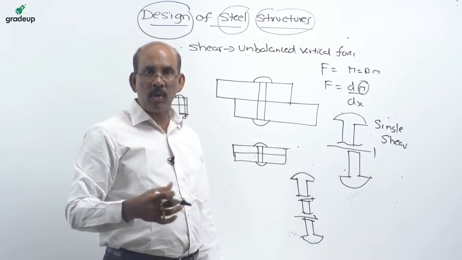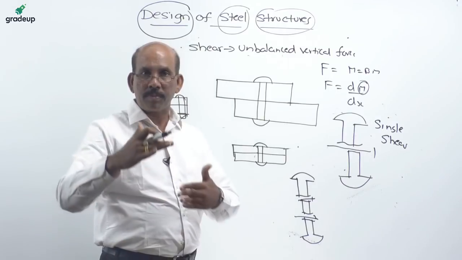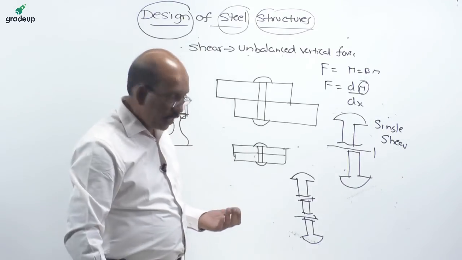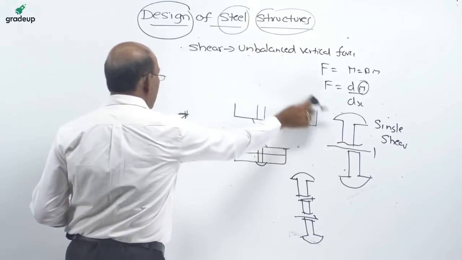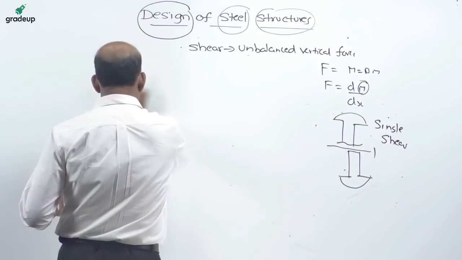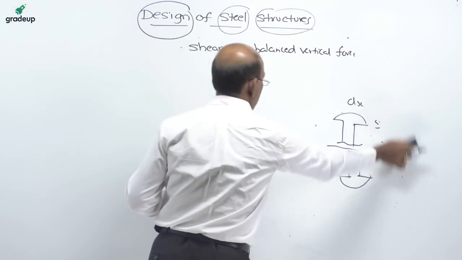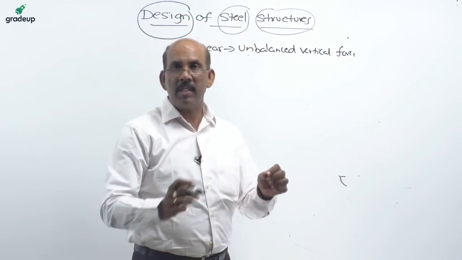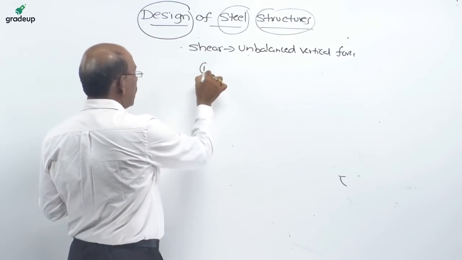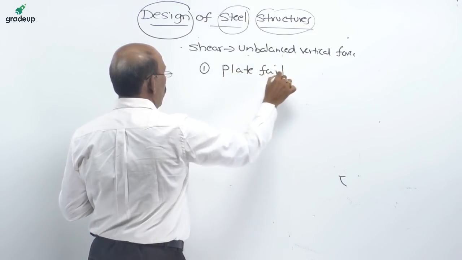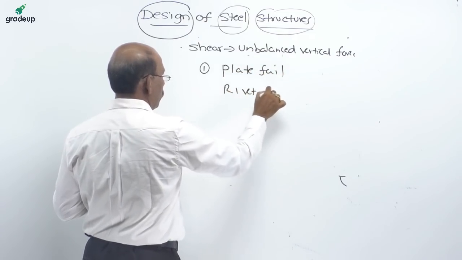Coming to your question with reference to tearing and bearing: this means the failure of the section, either the plate fails or the rivet fails.